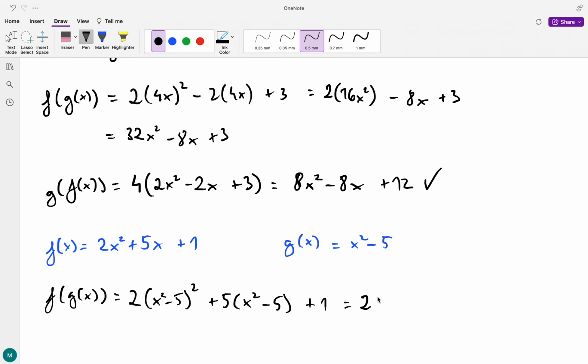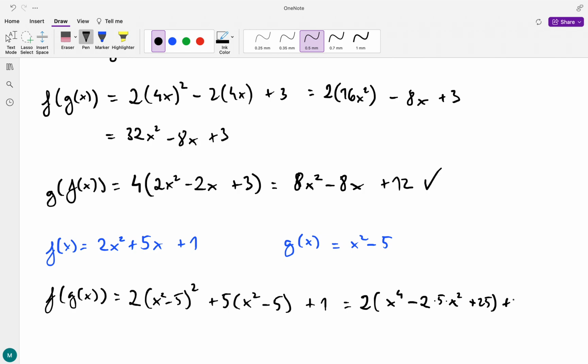So we have 2 times x to the 4th minus 2 times 5 times x squared, and then plus 25. I specifically wanted to write it out because I'm assuming some people might not be comfortable with perfect square formulas from the get-go.